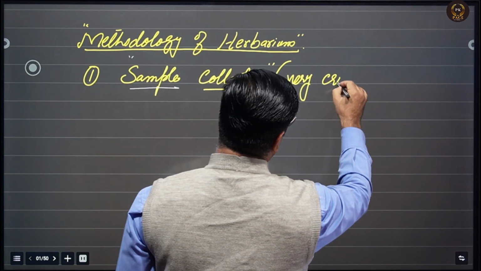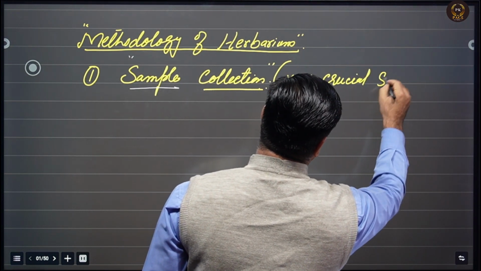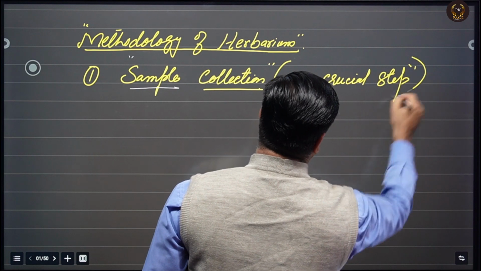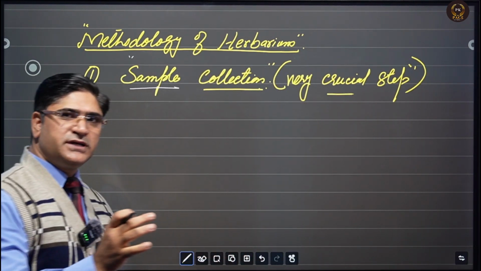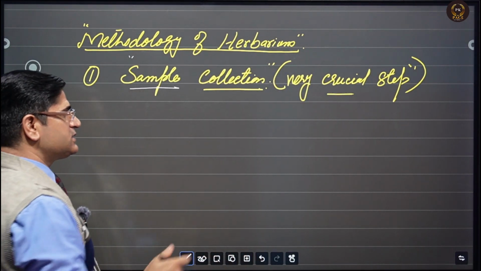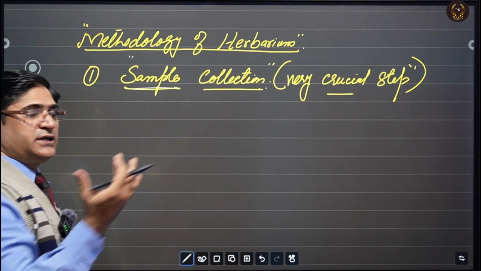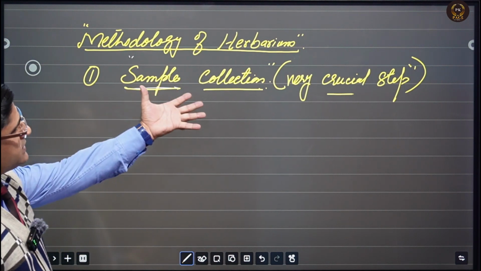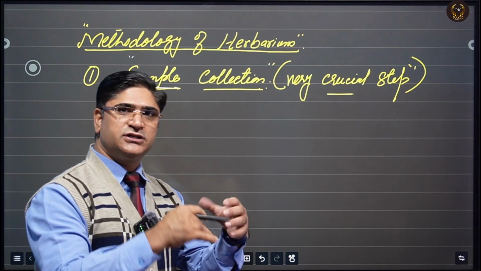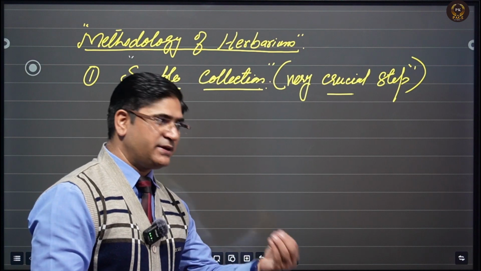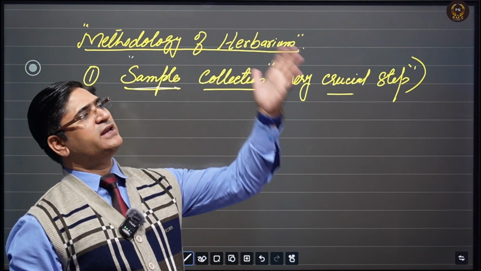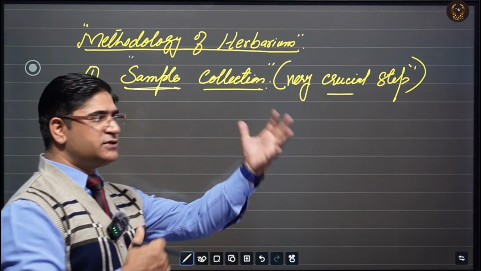Under the preparation of the herbarium, this step is very crucial, because for sample collection, taxonomists know that a species which is endangered or nearly extinct might be somewhere in the Himalayan jungles or in the Amazon jungles.